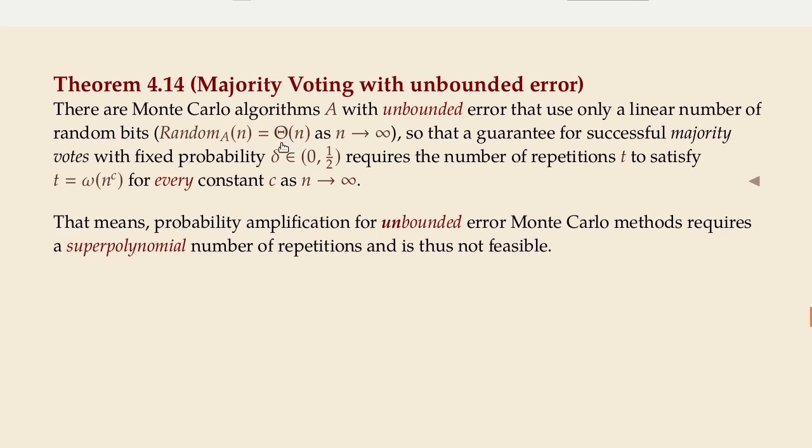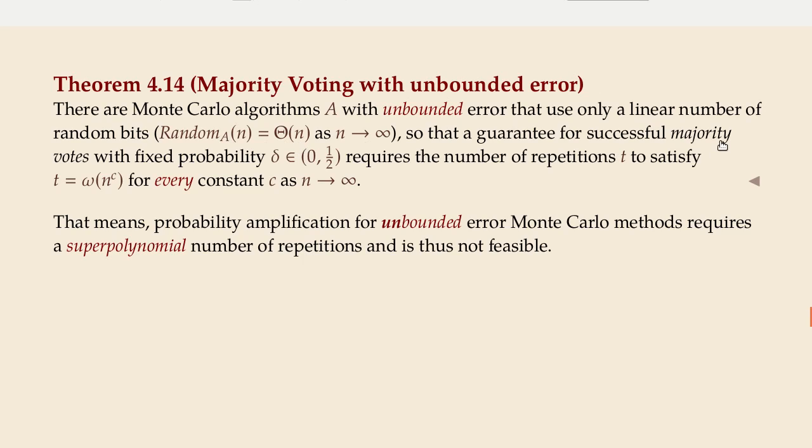And even if they use only a linear number of random bits, which is not so much, you can't even shuffle a list with a linear number of random bits. So usually you need more random bits than that. But as a worst case or counterexample, it suffices to say, let's say random is linear.